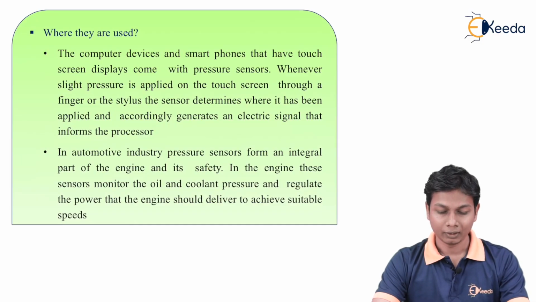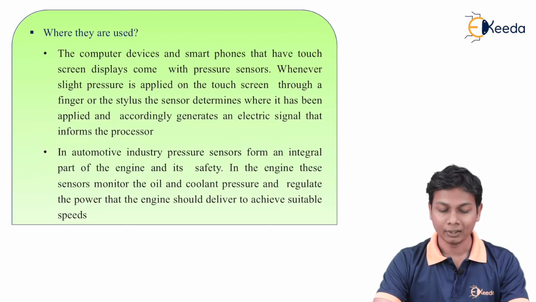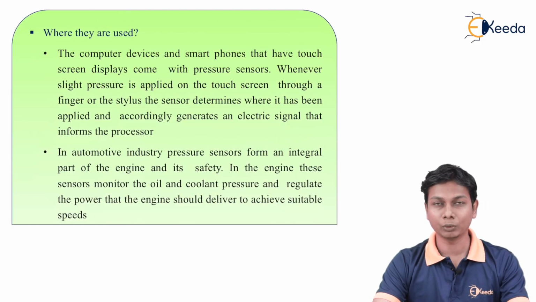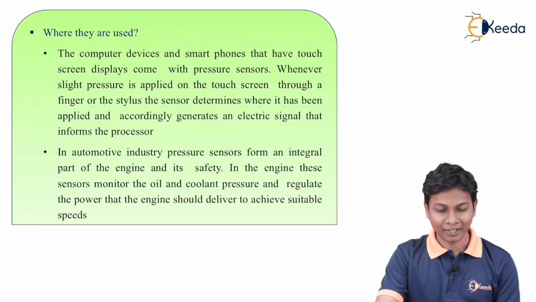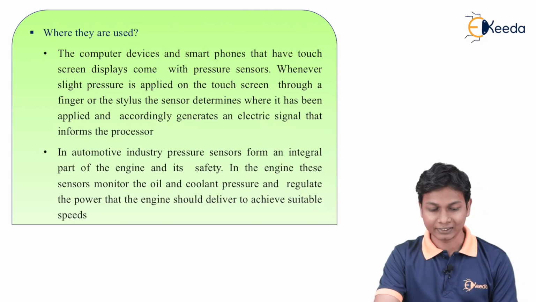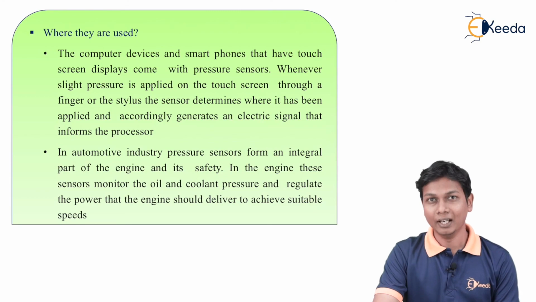Whenever a slight pressure is applied, whether through the finger or the stylus pen, the sensor determines it and sends an electrical signal to the processor. As you see, in many types of sensors the applied pressure is determined through electrical signals that are used in computer devices or any gadgets.